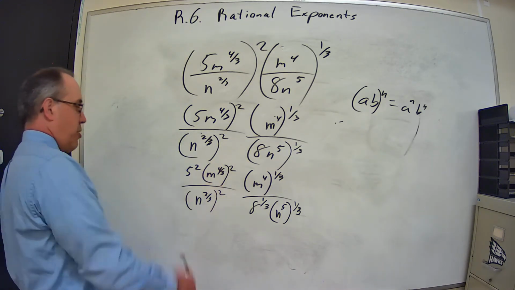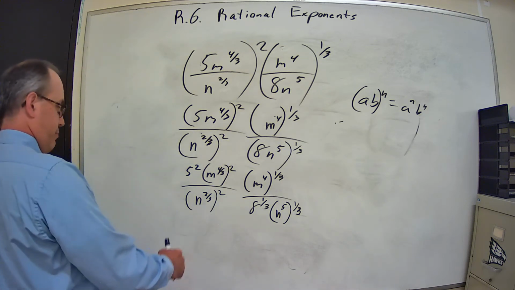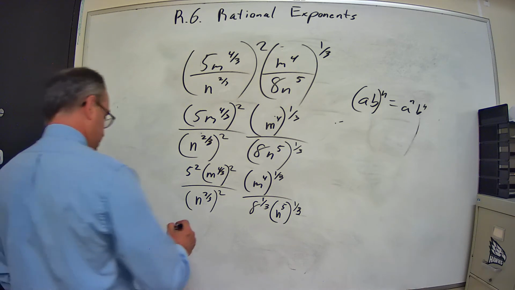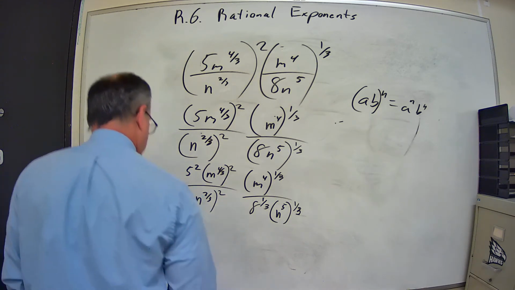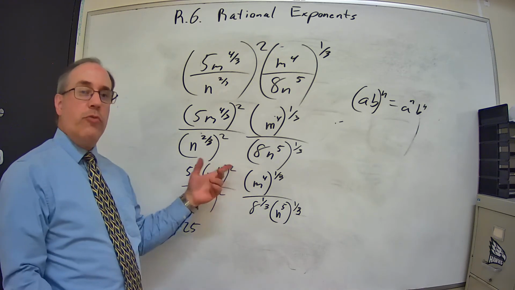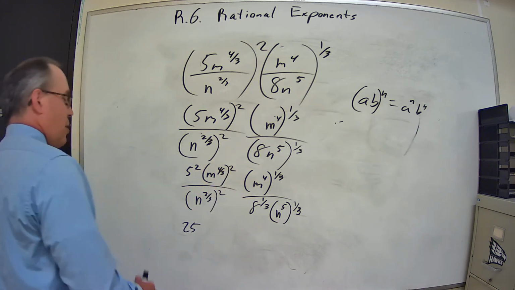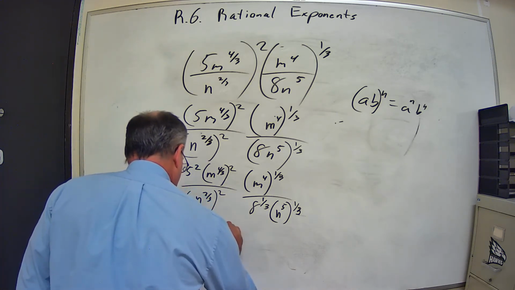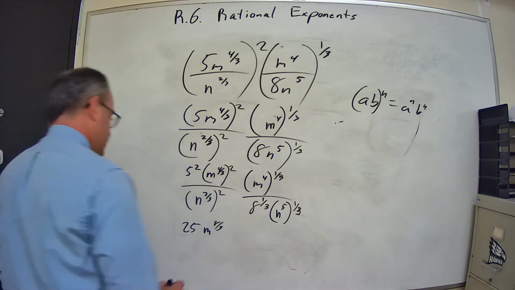Okay, well now we can start bringing these through. So might as well do this at the same time. 5 squared is 25. 25. m to the 4/3. Remember, we have a power raised to a power. You multiply the powers, so that becomes m to the 8/3.